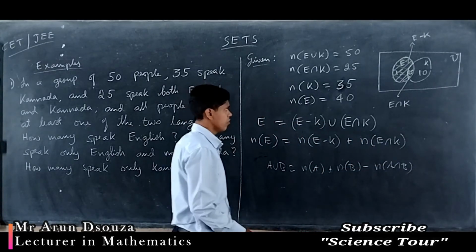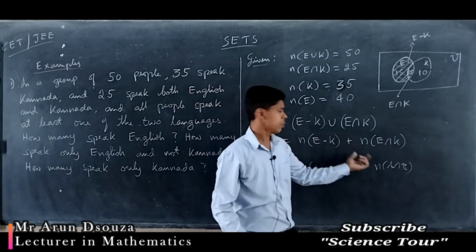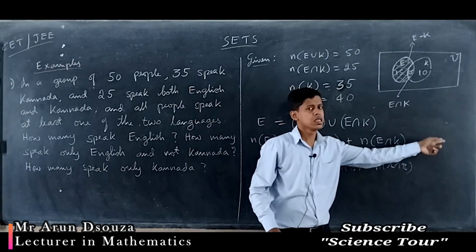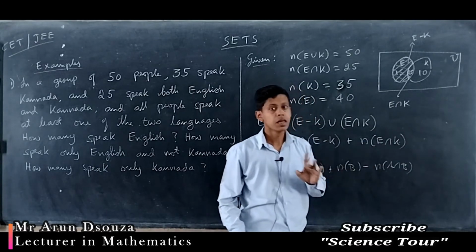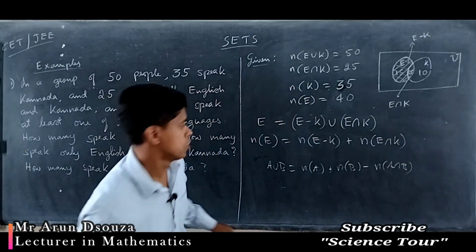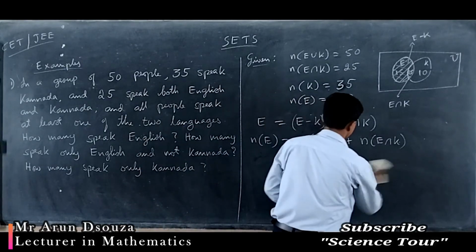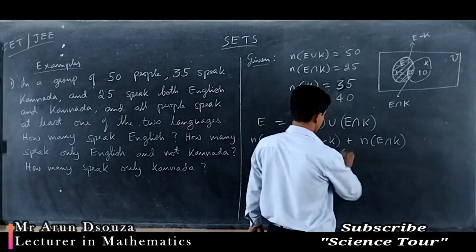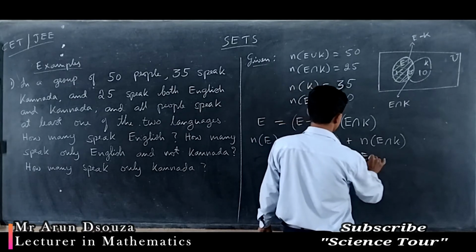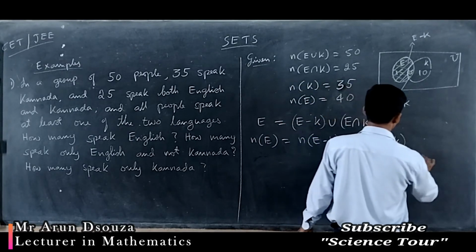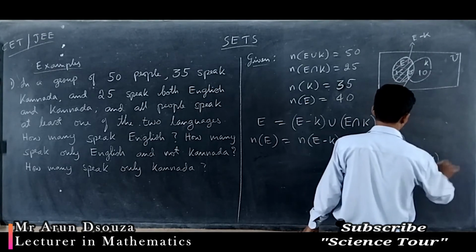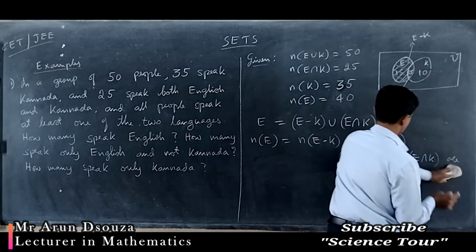So therefore this much is enough. You don't have to write minus N of the intersection of these two, because they are disjoint. So that's what I will write here: because E minus K and E intersection K are disjoint.